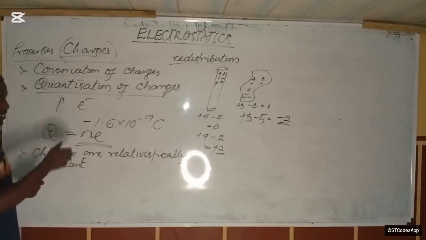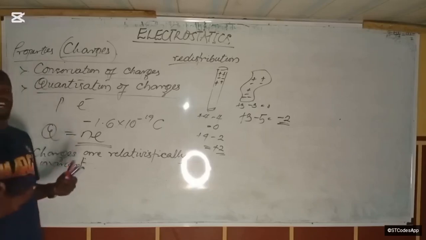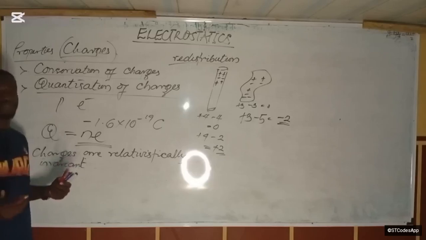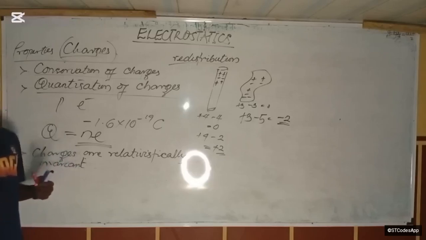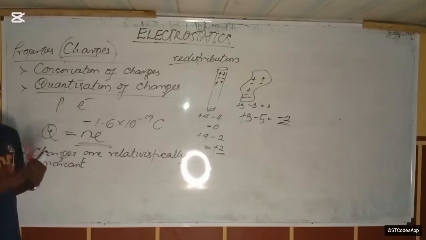For example, in relativism, where we talked about masses, we saw time dilation and expansion. We also saw how masses can change, because those quantities are relativistic.